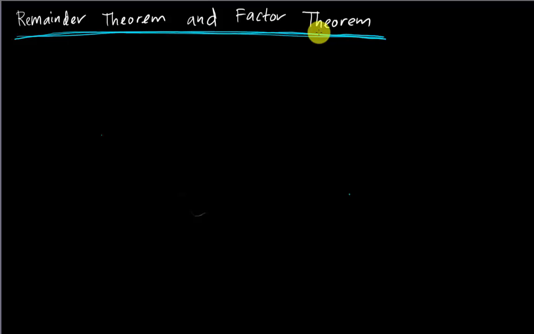Alright, so I'm going to give you a simple example. What's the meaning of remainder? For example, let's say I have 80 divided by 11. Just a random example, right? So we need to divide 80 by 11.